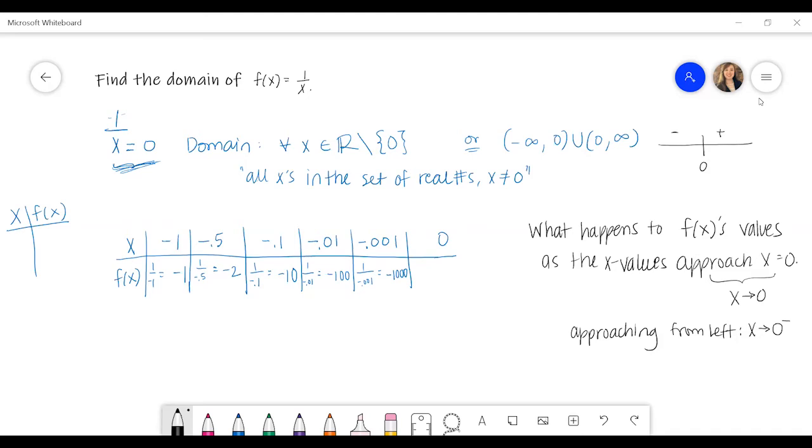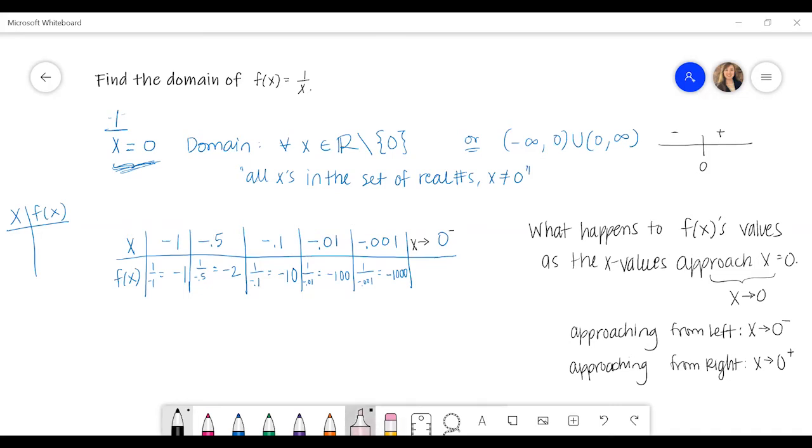It's just the notation that's common here. Approaching from the right would be x approaches 0 plus. That's just denoting if we're arriving from one particular side or the other. Up here, I can say x approaches 0. You could put the negative up there if you wanted. I think that's clear because of the numbers we chose, but it never hurts to be extra clear.